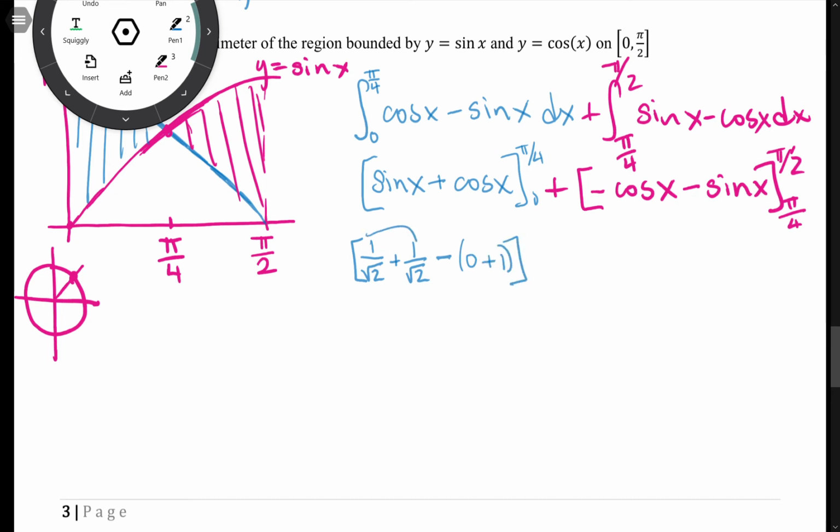So here's our f of b minus f of a. And then similarly on the second one, we're now starting with the pi over 4, so we're going to get a negative 1 over root 2 minus 1 over root 2. And then we're going to subtract off what we get when we plug in pi over 2. When we plug in pi over 2, cosine is 0. Sine is 1.